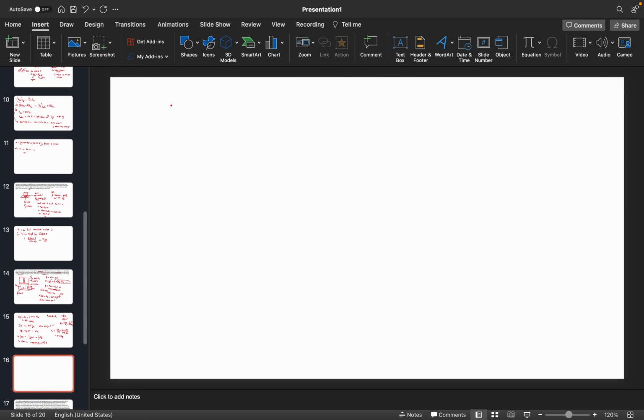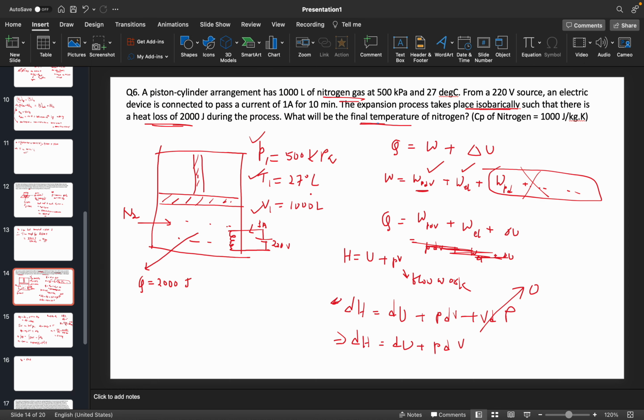To calculate electrical work done, W electrical, we know W electrical is equal to I square R into T, where T is the time. But here voltage is given and current is given.